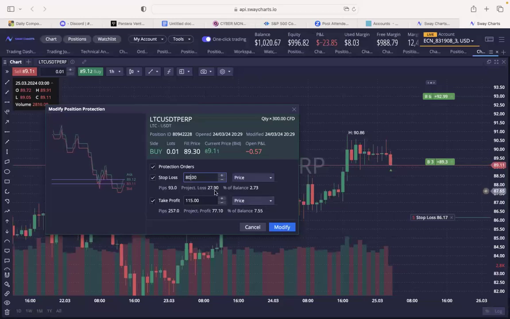So if I'm risking 27 bucks, I'm aiming to make at least $50. So if the price action, the analysis, and the patterns don't give me a potential to make 2 times what I'm risking, then it's not a trade worth taking.